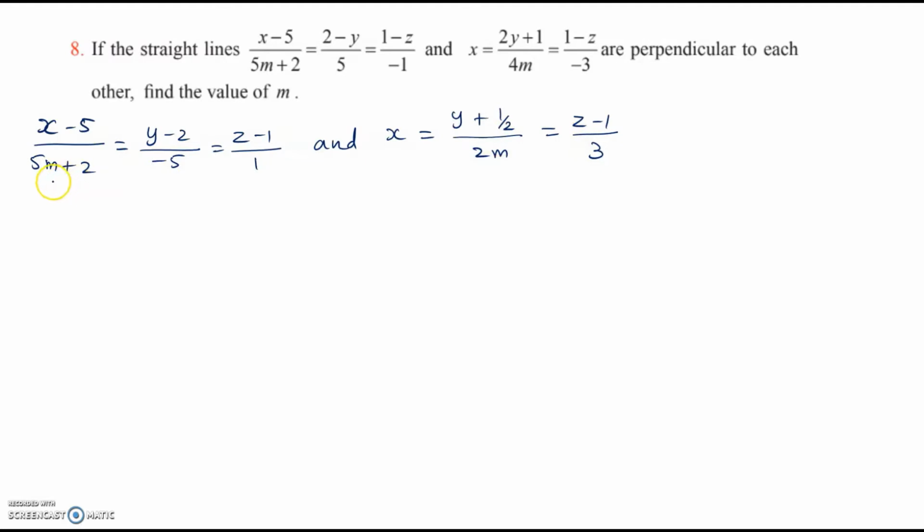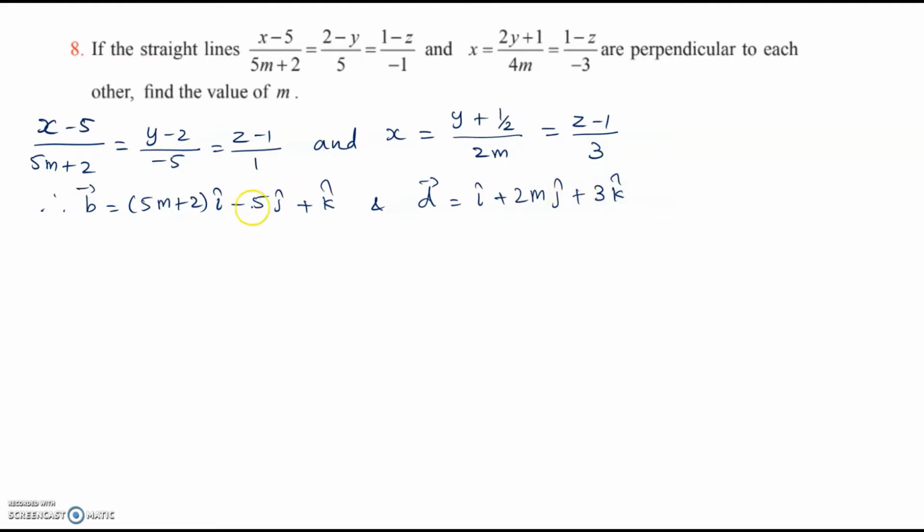Now we can see that 5m plus 2, minus 5 and 1 are the direction ratios of this equation. So therefore we can say vector B is equal to 5m plus 2 i cap minus 5 j cap plus k cap, and we can define vector D with the direction ratios from the second equation, which will be i cap plus 2m j cap plus 3 k cap.